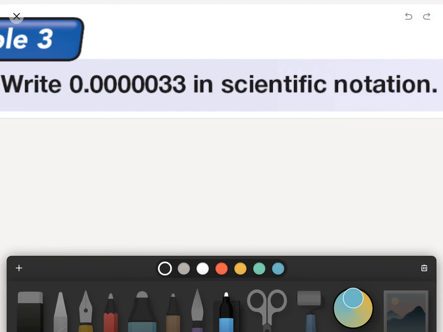I have a question. Like the last problem, when you're doing the multiplication to the left or the right, does it only work for the number 10? Yes, it only works for the number 10. We were talking about that before.